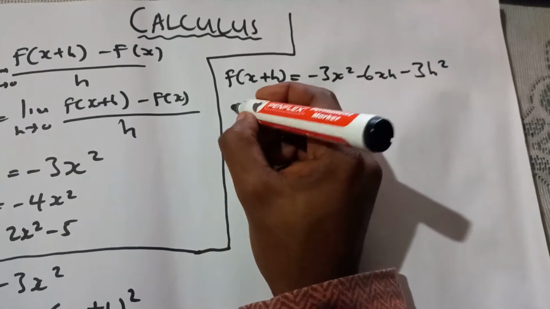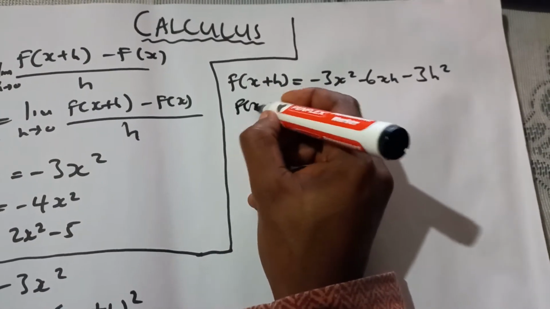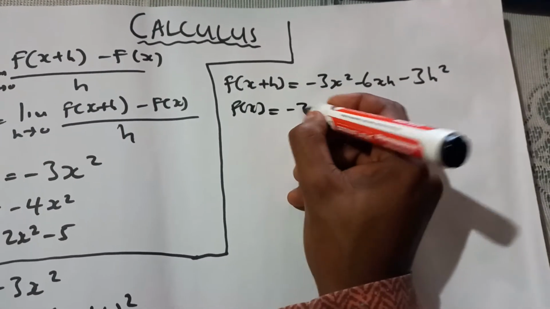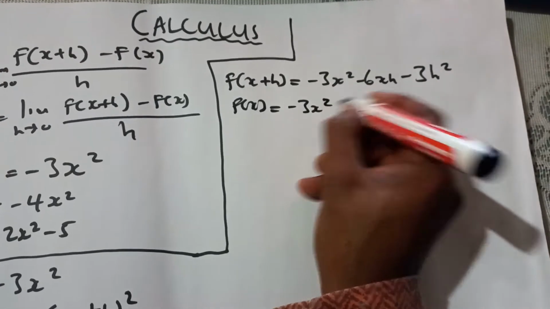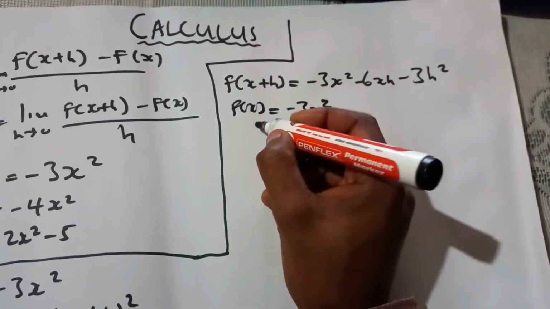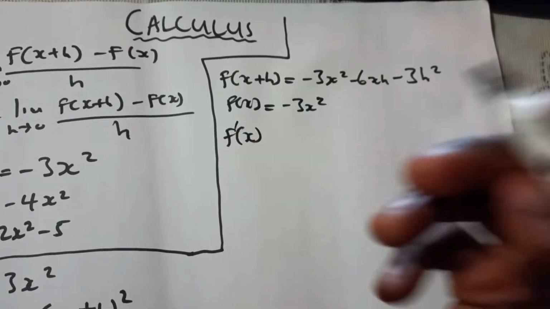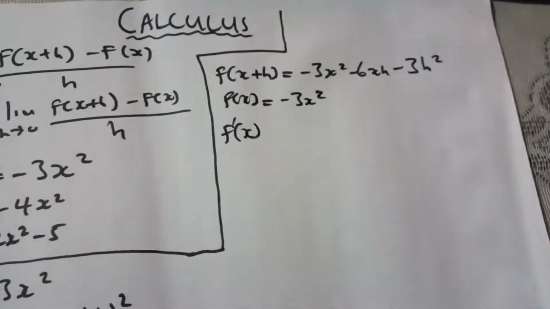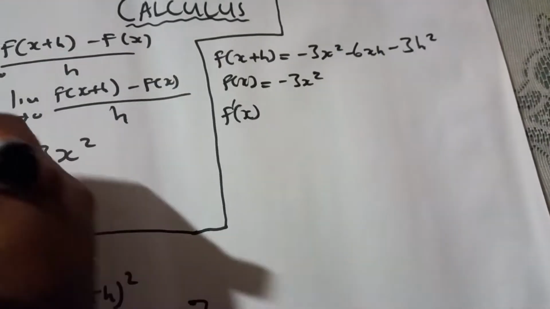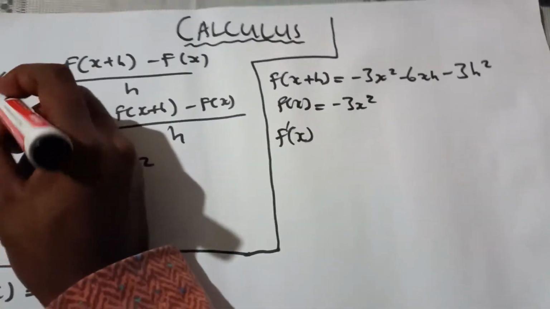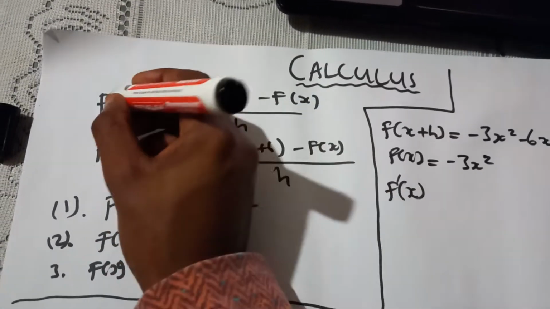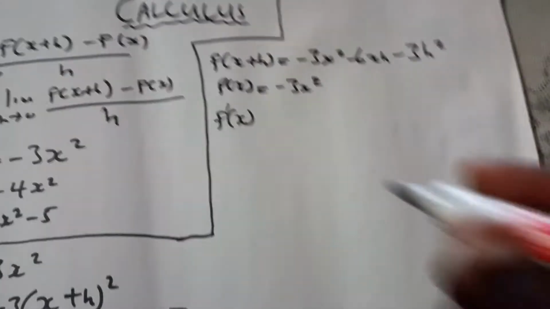Now, since we have the f of x, which is negative 3x squared, we now have to take the formula, which is f derivative of x. Must never forget this. It's very important because that's the derivative.